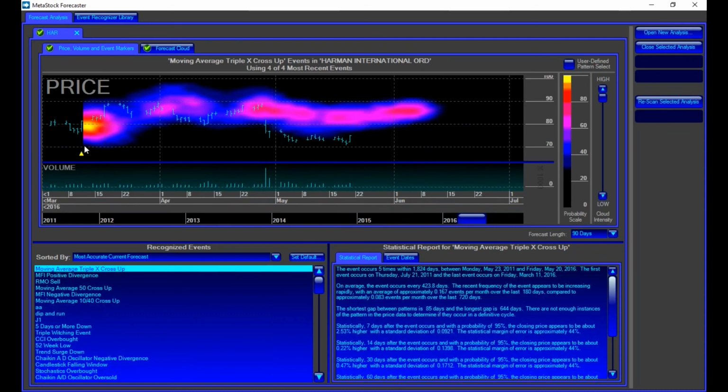So the event happened on March 11th, and right here at a high probability, we're towards the end of April, and we hit it right on the mark inside of our forecast cloud after a moving average triple crossover. Okay. Now, it doesn't stop there.